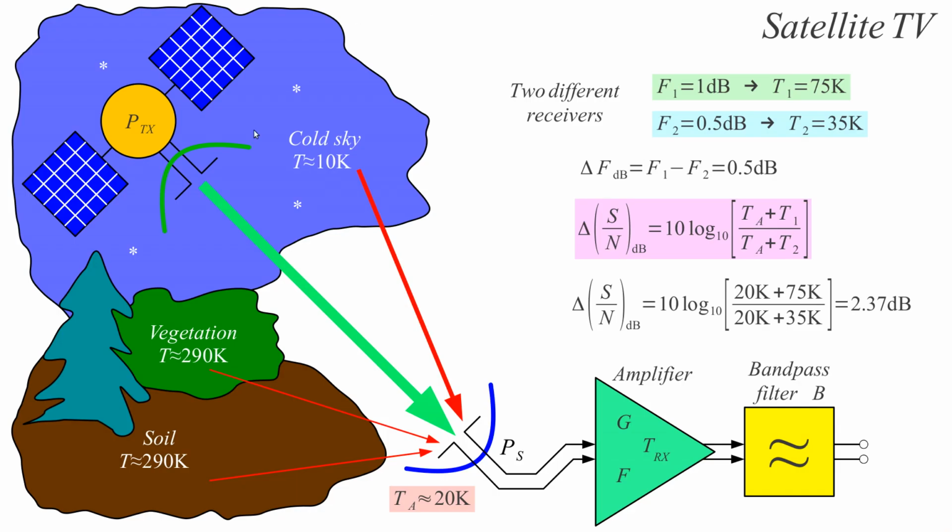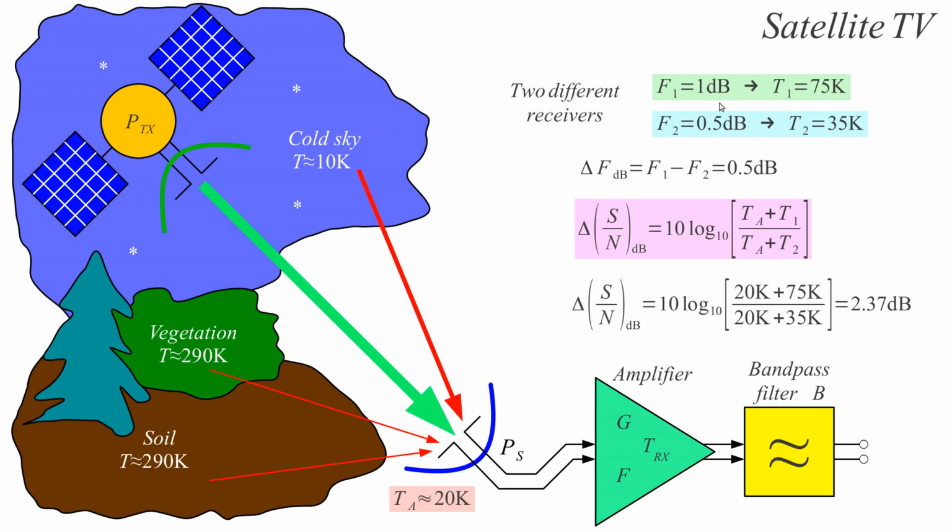When we receive a satellite, our antenna is pointed at the cold sky. The antenna is receiving some noise from other objects, but these are outside the main beam of our antenna, so their contribution is small. So the antenna temperature here is around 20 Kelvin.